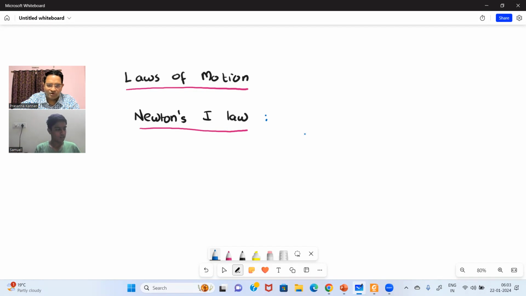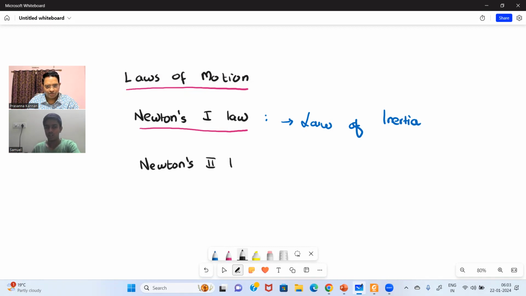So this is also called as what? Law of inertia. Fine. And what does inertia depend on? What determines the body's inertia?